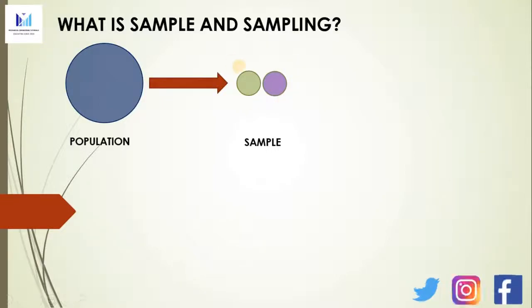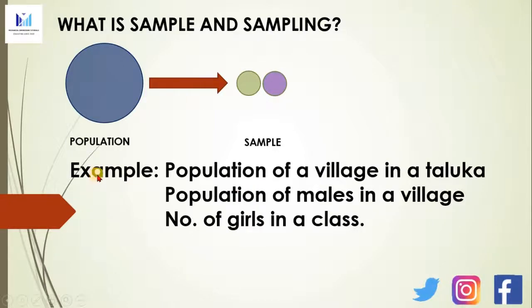A small section selected from a population is called a sample. A few examples you can see here on the screen. When I take the taluka as the population, a village will be a sample from the population of the taluka. If I take the population of the village, then the males in that village will be a sample.